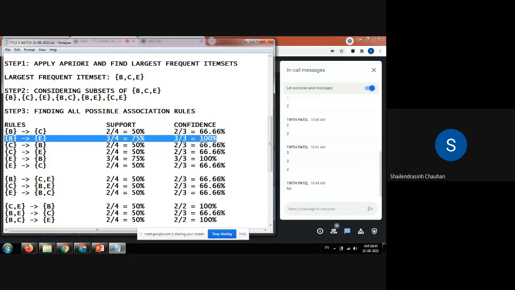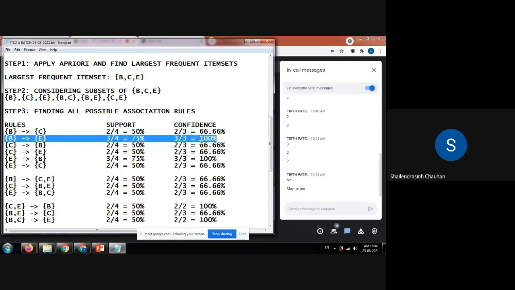Now this rule. Can you consider this as strong rule? Maybe yes. Okay. So for surety, is this rule having support greater or equal to 50? Yes. Is this rule having confidence greater or equal to 70?